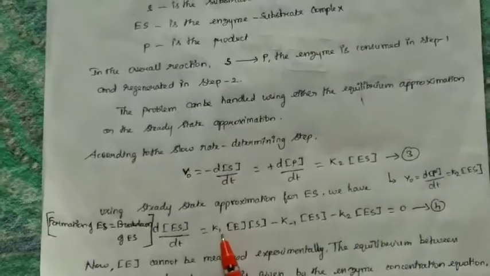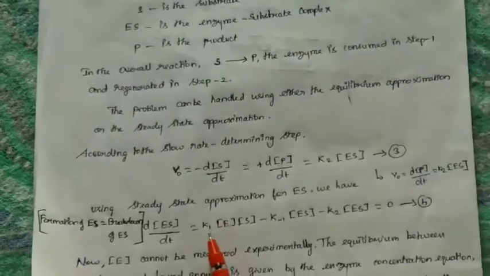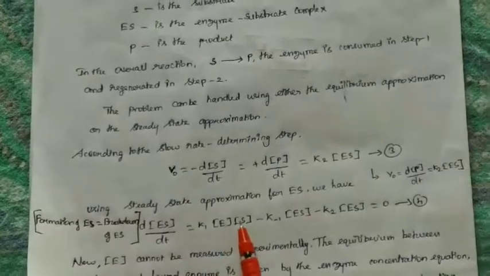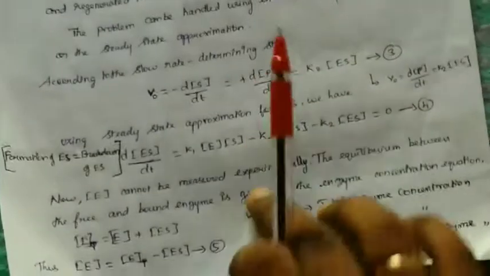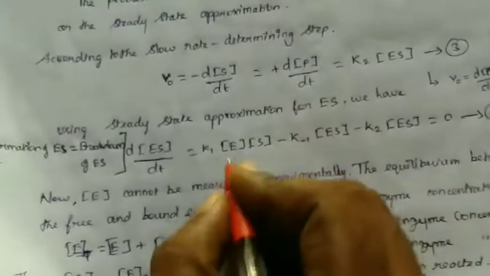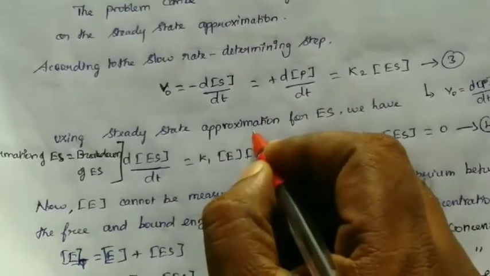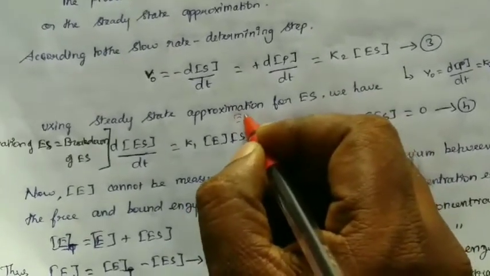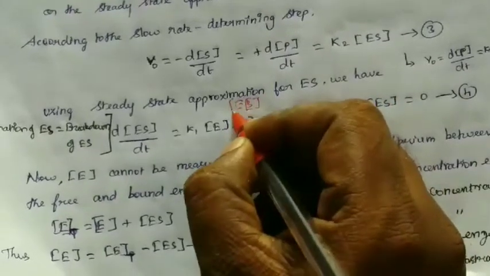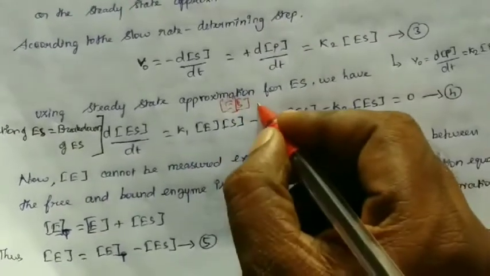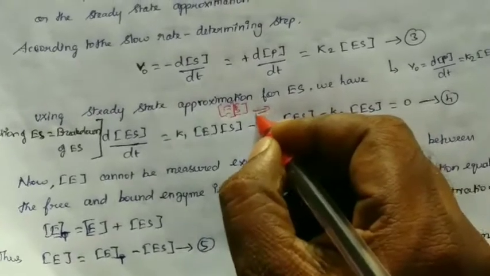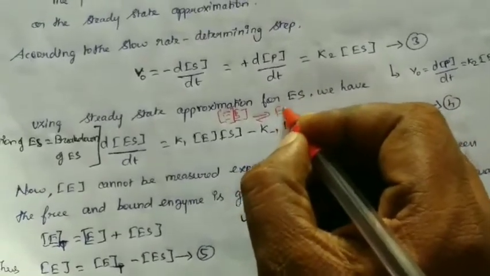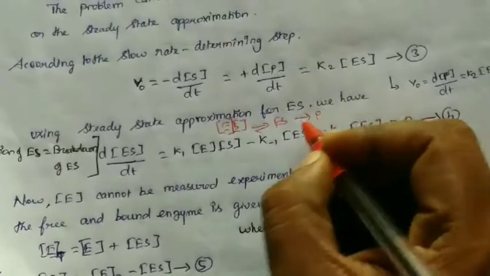So I write this equation: K1 rate constant times enzyme concentration times substrate concentration, minus. Why am I writing minus here? Because the enzyme substrate complex gives product.